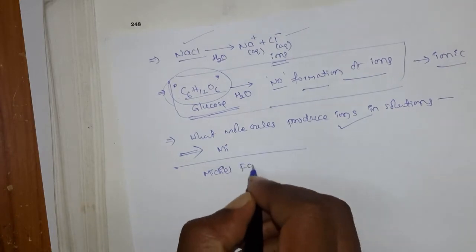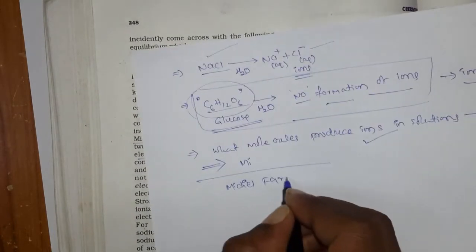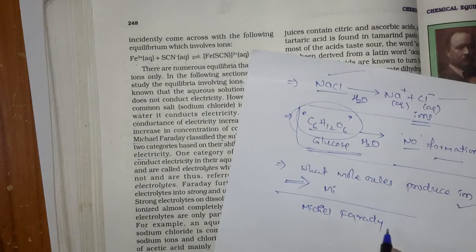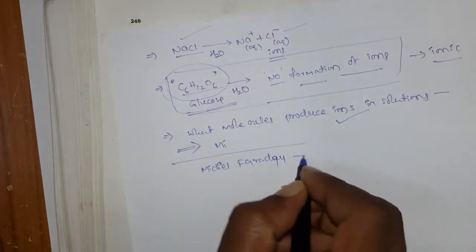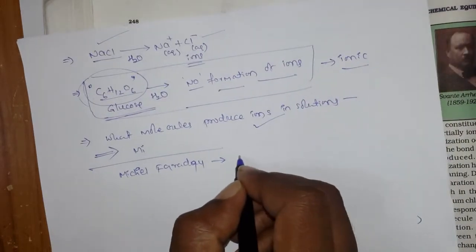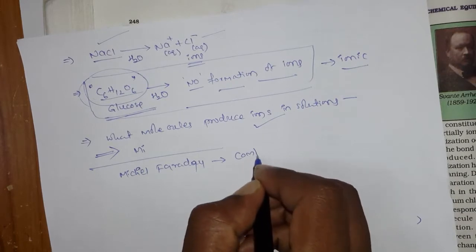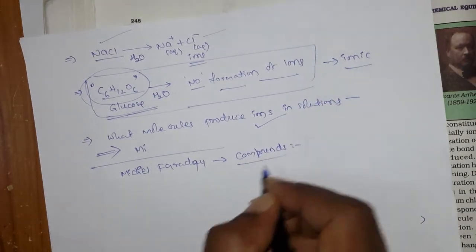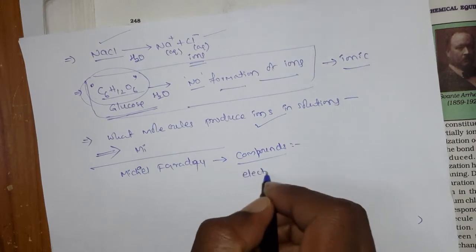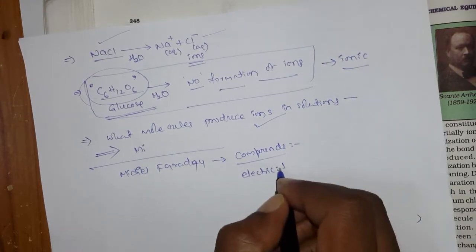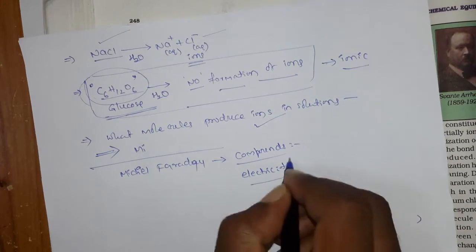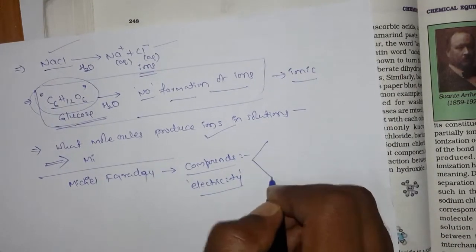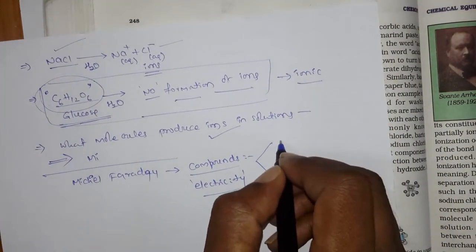Michael Faraday classified these compounds or substances based on some property. What is that property? Electricity, electric conductance. Okay, electricity or electric conductance. He classified those substances into two types.